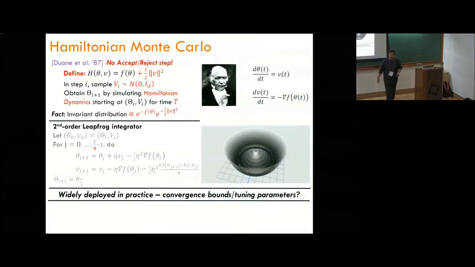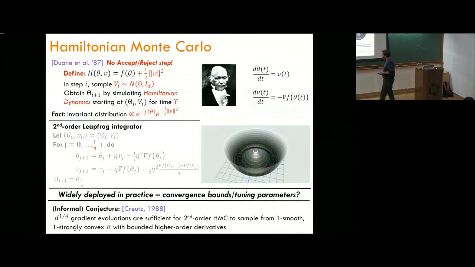People just do it without much, yes, there are people who can specialize these, but we want to develop a theory for this because then we get a principled way to set these parameters.